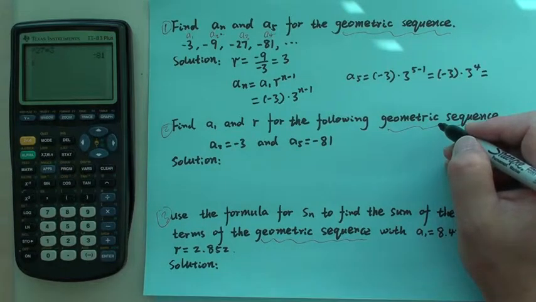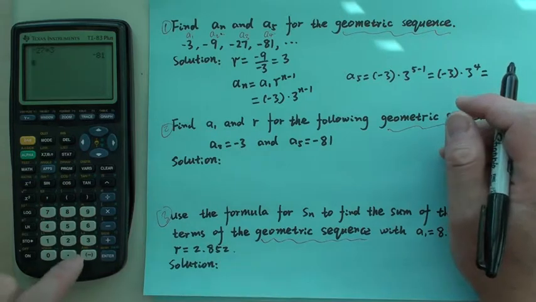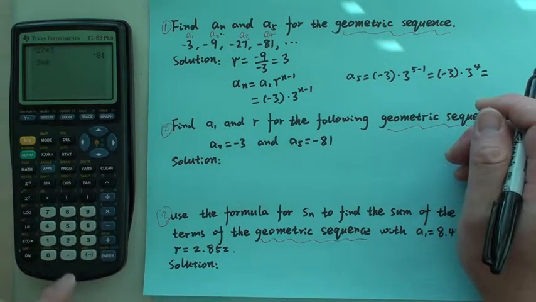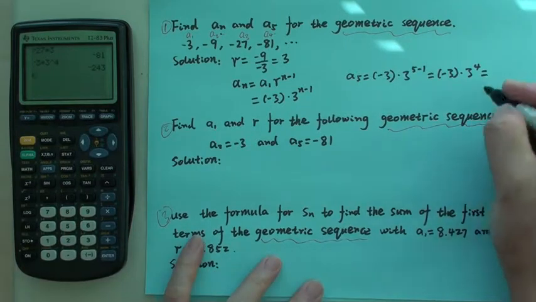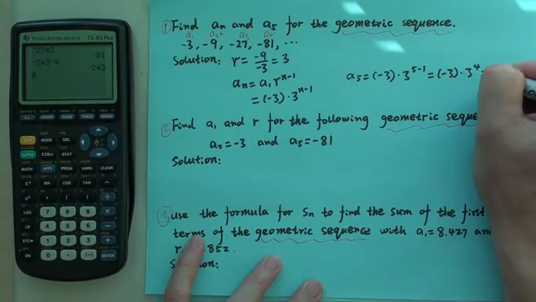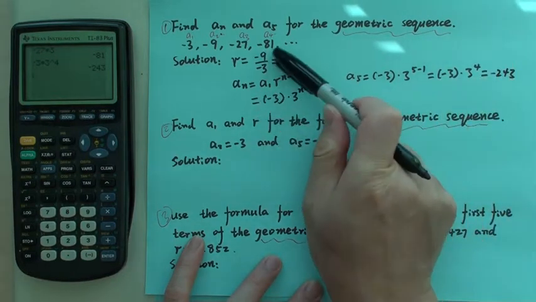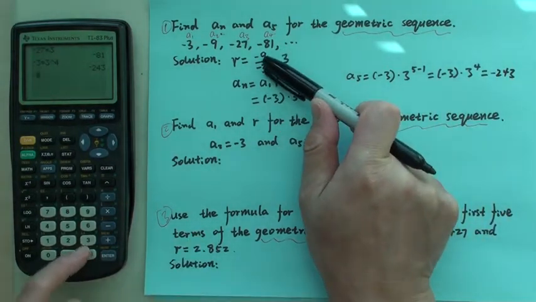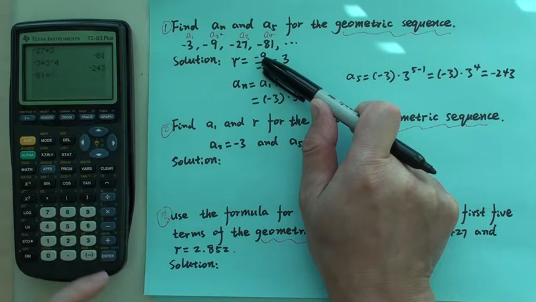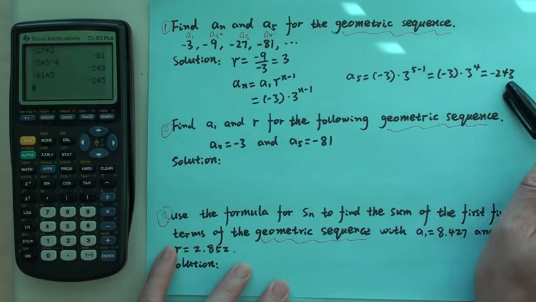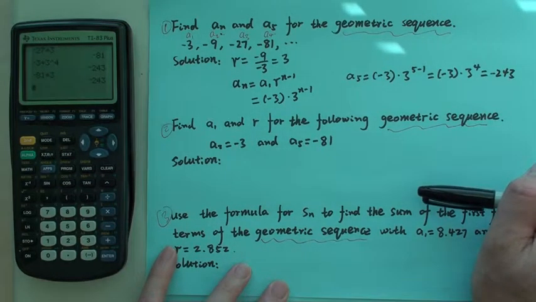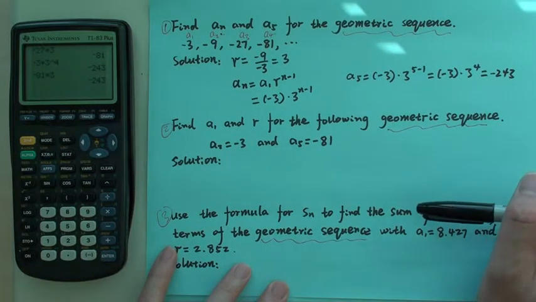So we have negative 3 times 3 to the 4th, so it's negative 243. Actually, you know from here, because negative 81 times 3 is negative 243.